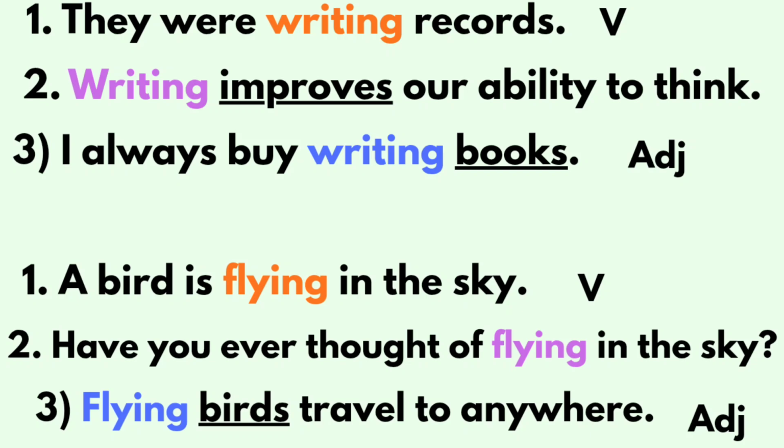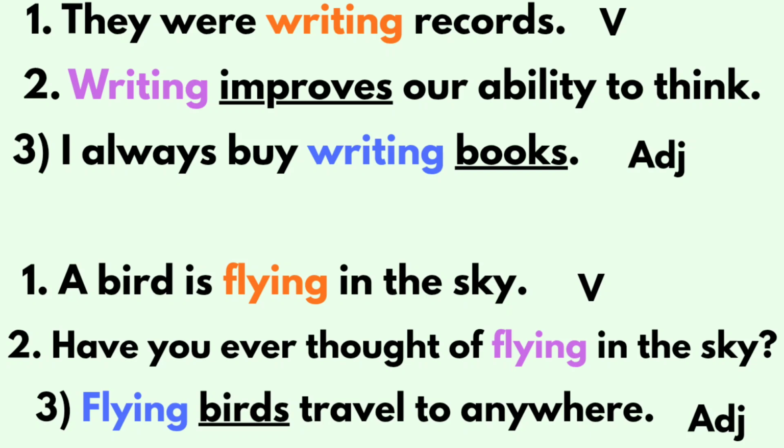Fifth example, they were writing records. So the sentence is in past continuous tense. What were they doing? They were writing records. So writing is the verb in the sentence. Writing improves our ability to think. Whenever you write, it helps you to think, right?